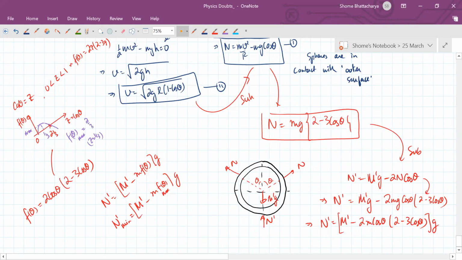So it is 2 by 3 into 2 minus 3 into 1 by 3, which is 2 by 3. So the maximum of this function is 2 by 3. So this normal reaction's minima is m prime minus 2 by 3 m into g, and this minima occurs at theta equal to cos inverse 1 by 3.